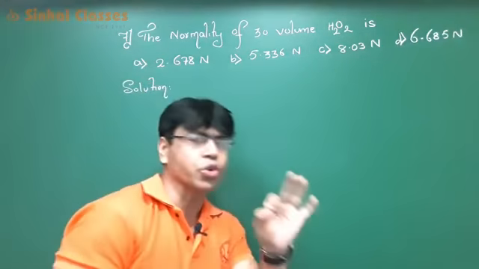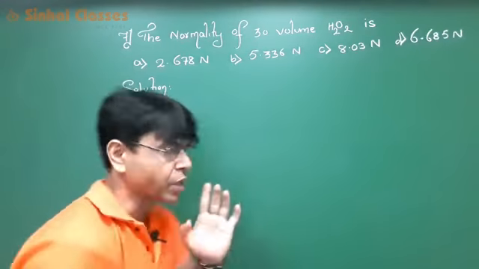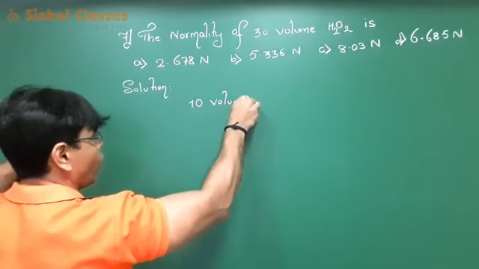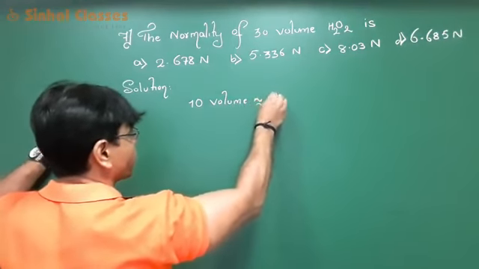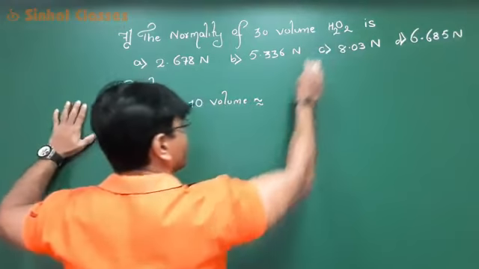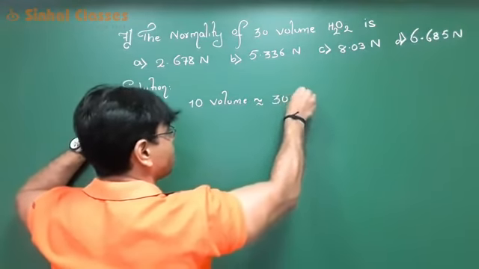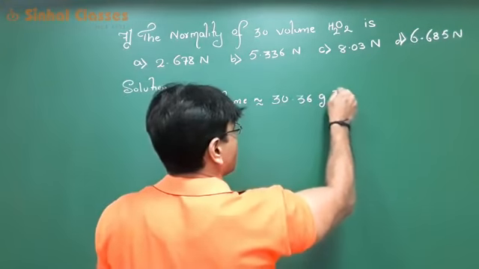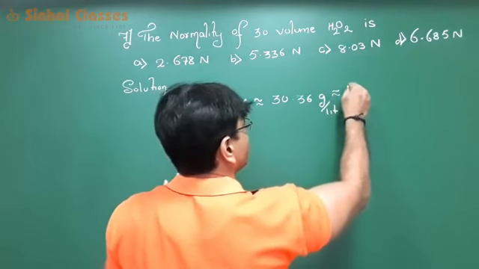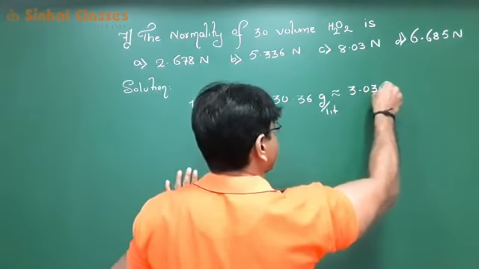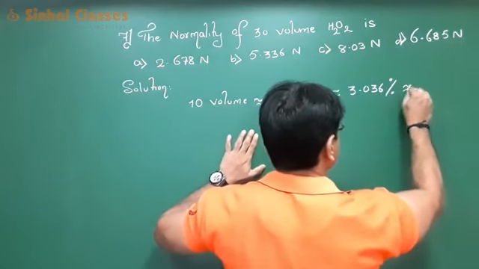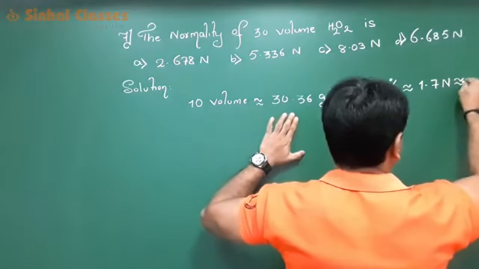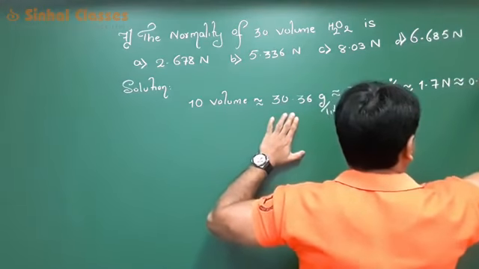For this, you just need to remember one statement straight away: 10 volume strength of H2O2 always corresponds to 30.36 grams per liter, which corresponds to 3.036%, which corresponds to 1.7 normal, which corresponds to 0.85 molar.